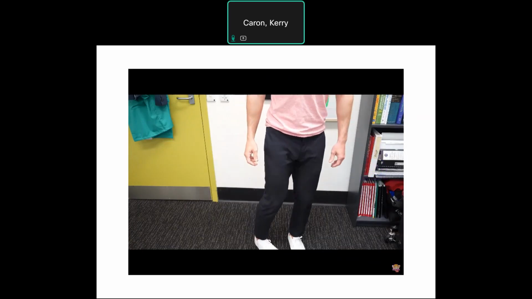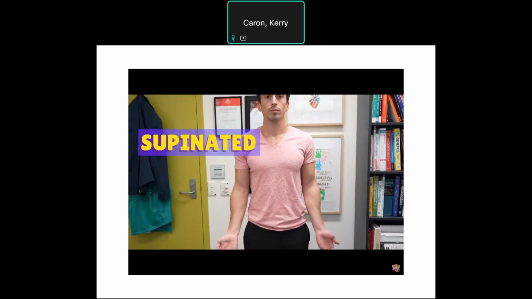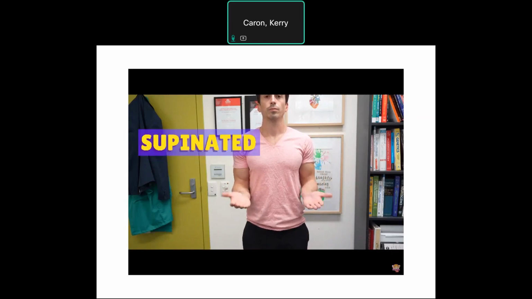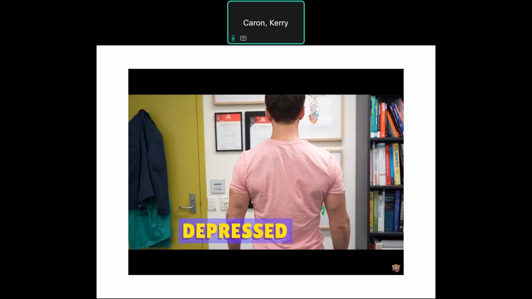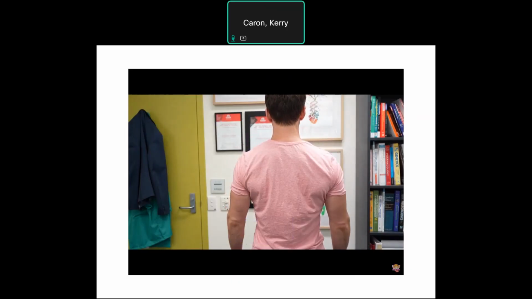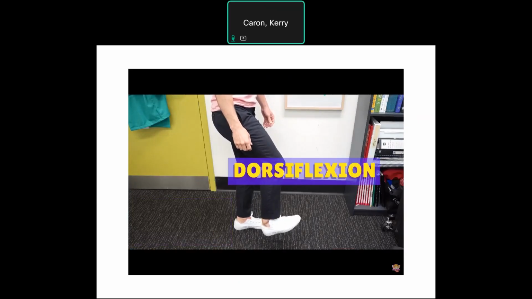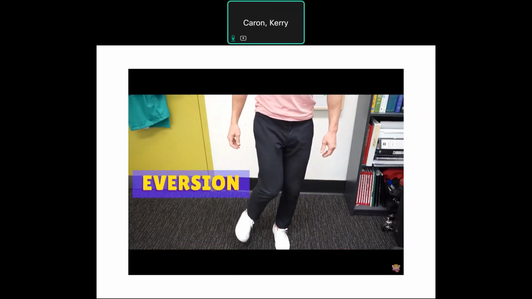Supinated, pronated. Elevation, depression. Plantar flexion, dorsiflexion. Inversion, eversion.